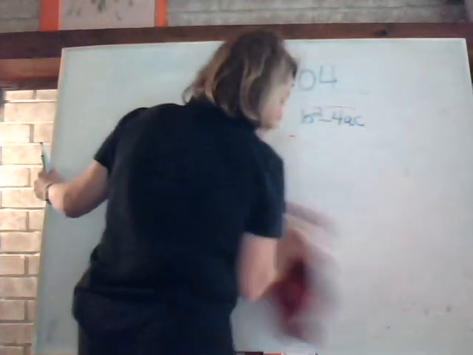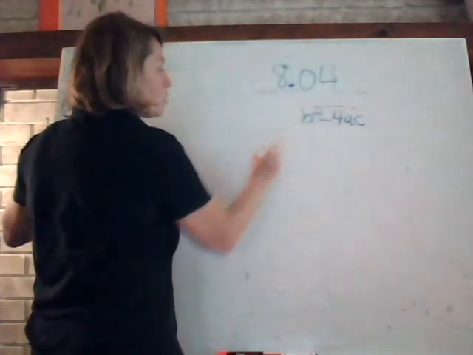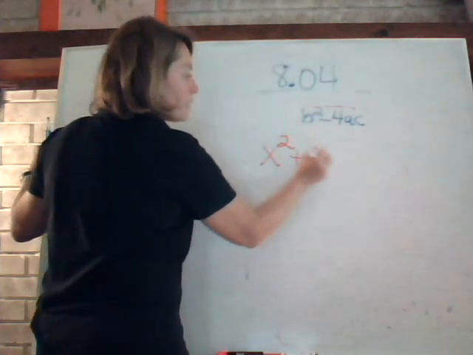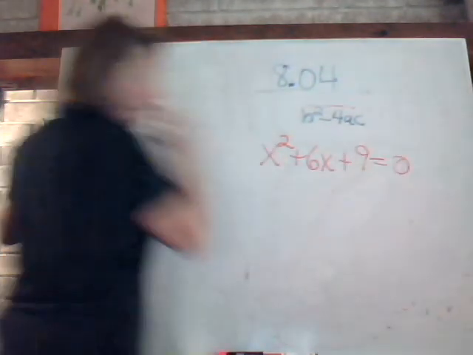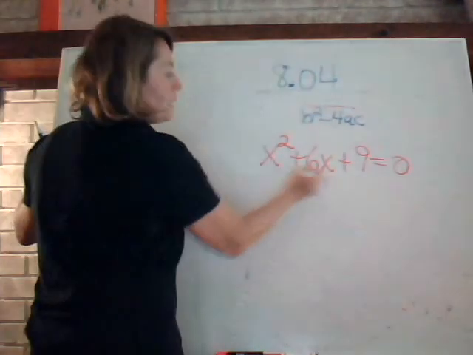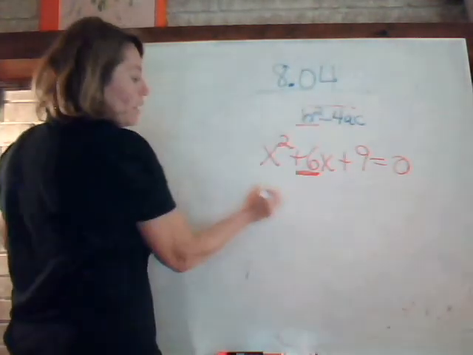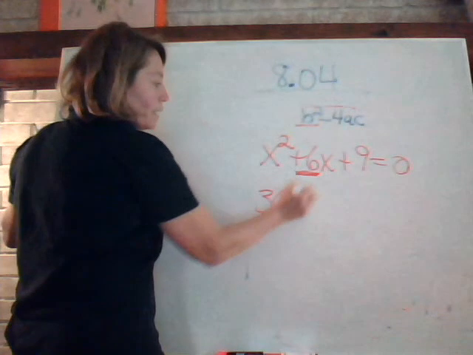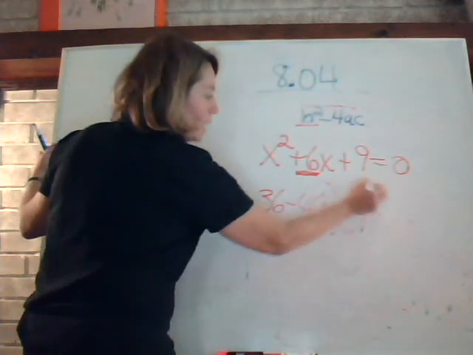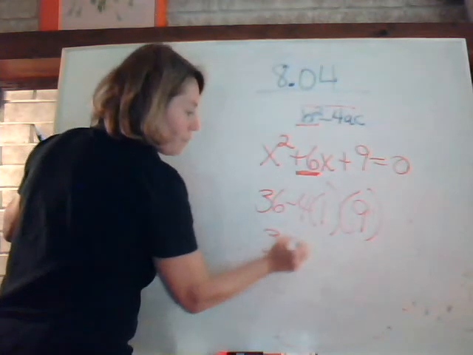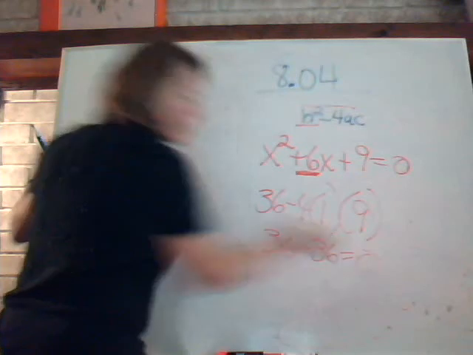Okay, how about this one? How about x squared plus 6x plus 9 equals 0. Let's try this one. b squared, 36, minus 4, a is 1, c is 9. 36 minus 4 times 9 is 36, so 0.